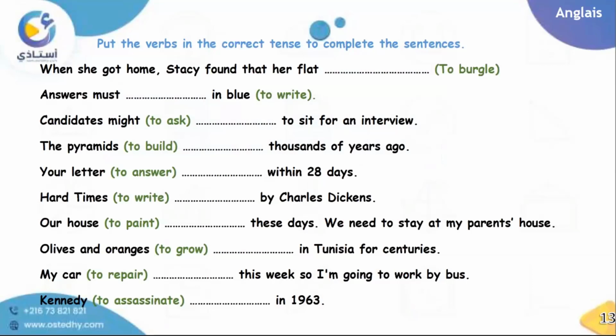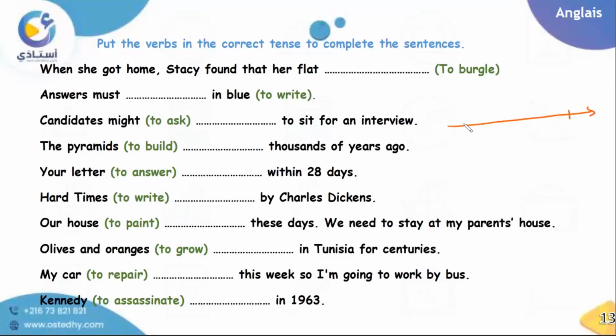Okay. Now, when she got home, Stacy found that her flat... When she got home, Stacy found that her flat... Here, there's an action that happened first, and there is an action that happened second.